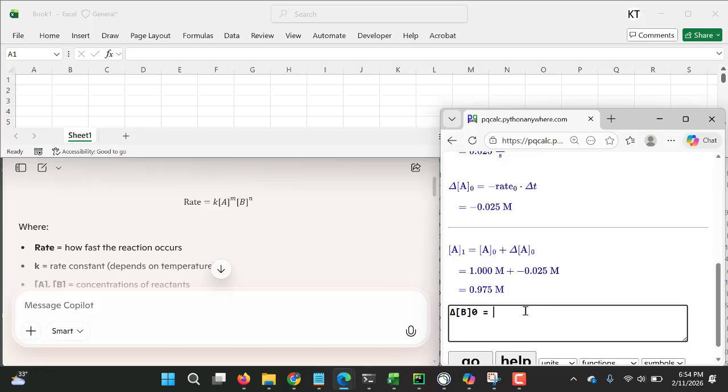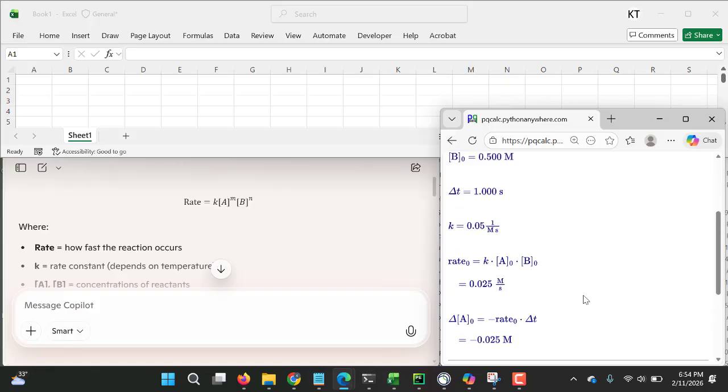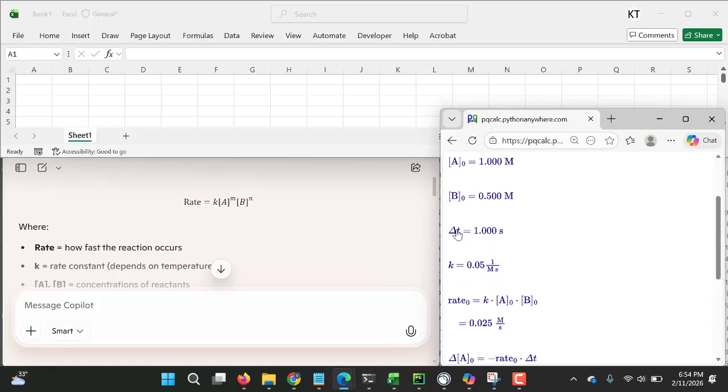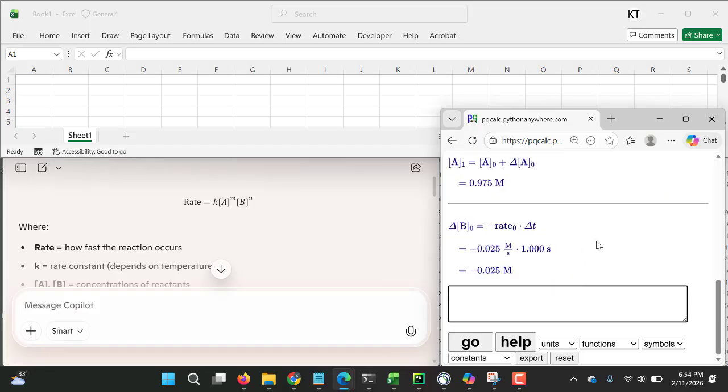So this will also be minus the rate 0, because it's also a reactant, and times delta t. Delta t here. And that's also minus 0.025 molar.